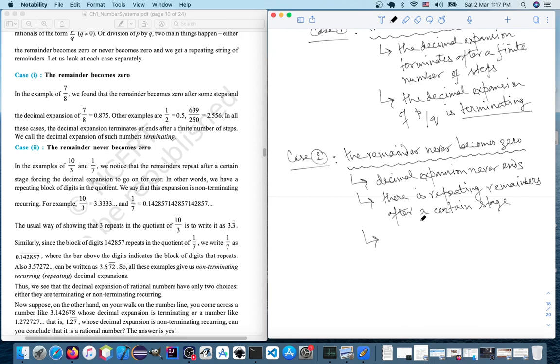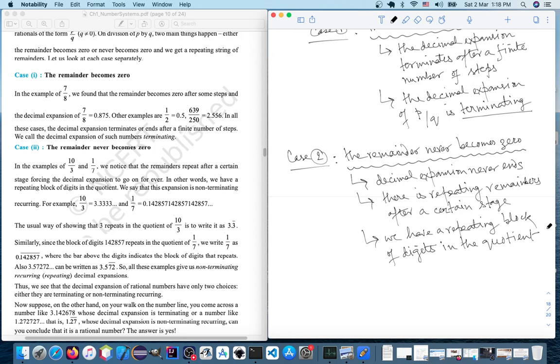And we also have a repeating block of digits in the quotient.